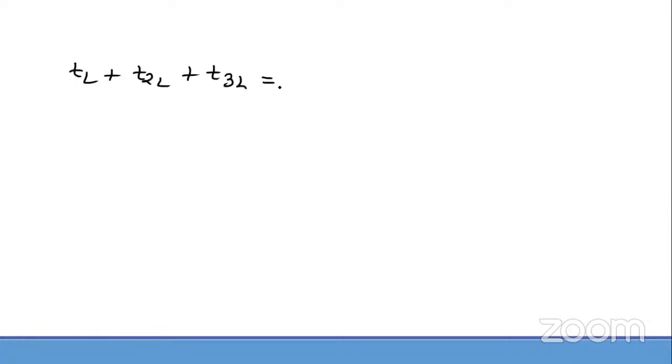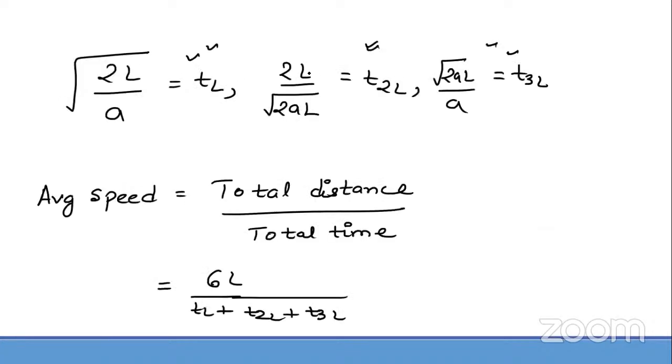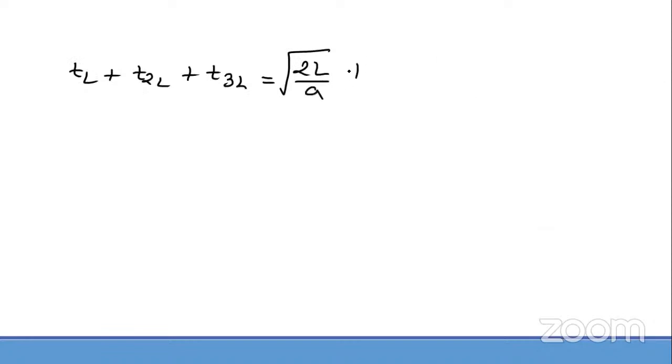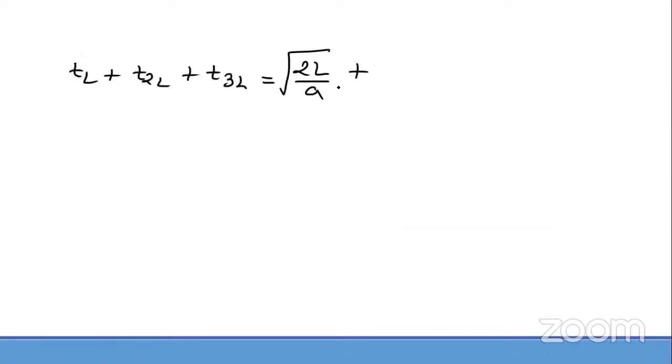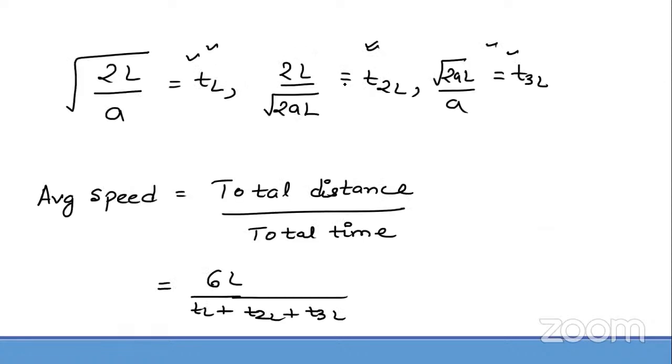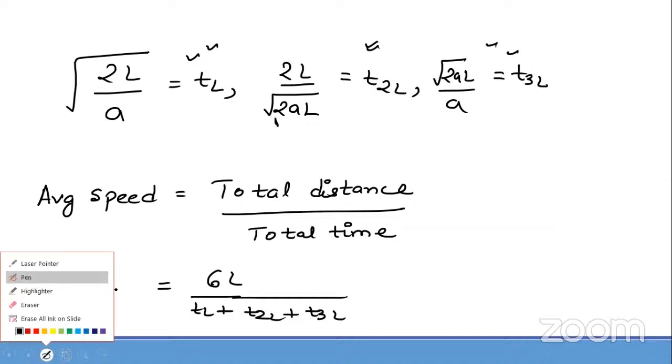So now it is under root 2L by A, under root 2L by under root 2AL. So we will solve this. The numerator will get cancelled by the denominator. Okay, I mean, it will not cancel completely. You will have the factor of under root 2L above. So it is like this. With the factor of under root 2L, this 2 will cancel with this.